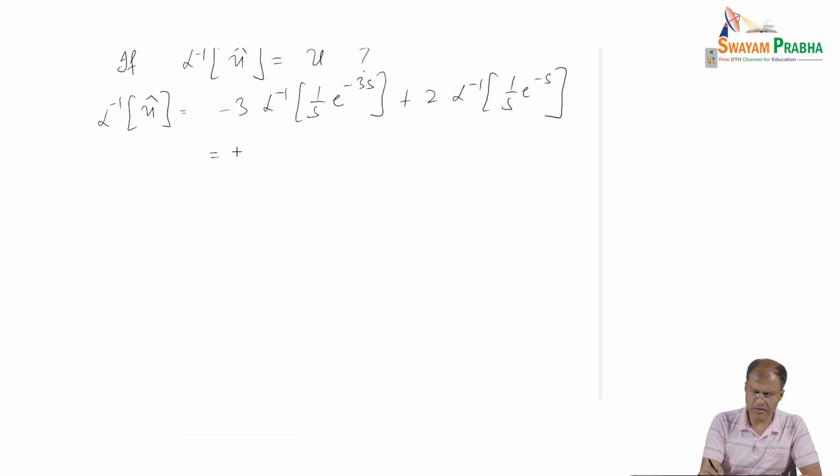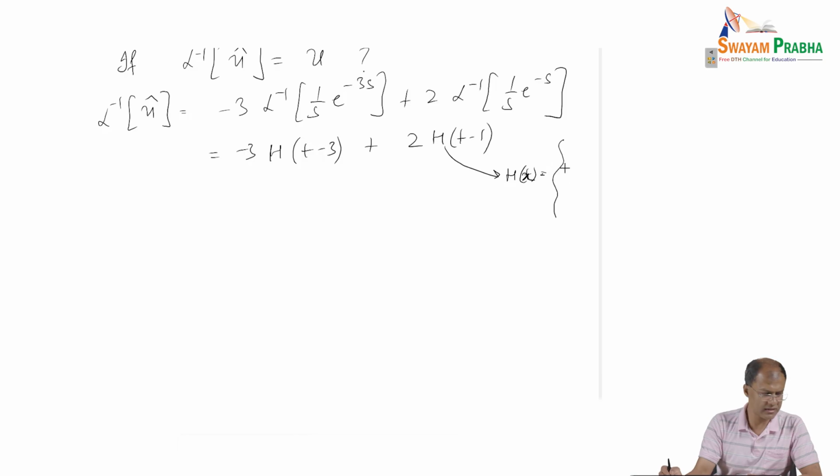We see that this is negative 3 h of t minus 3, plus 2 times h of t minus 1, where h is my Heaviside function. h of x is 0 if x is less than 0, half at x equal to 0, and 1 for x greater than 0.